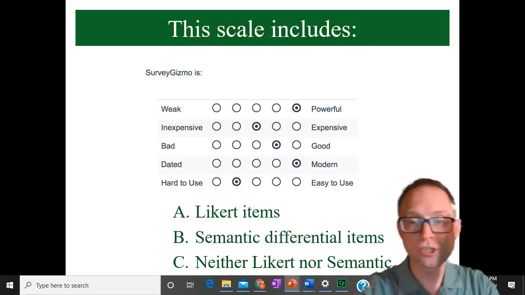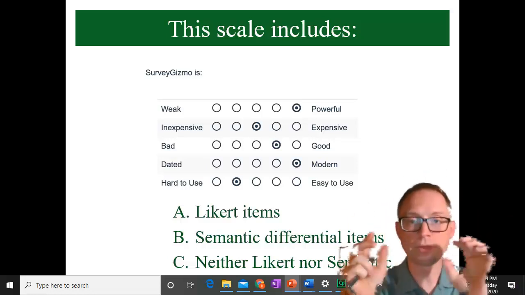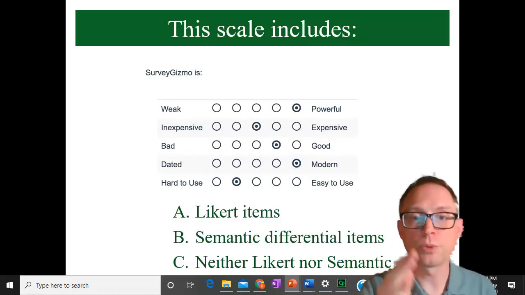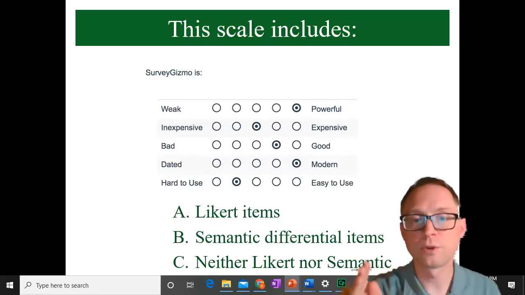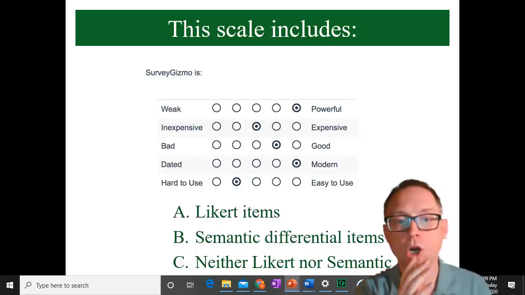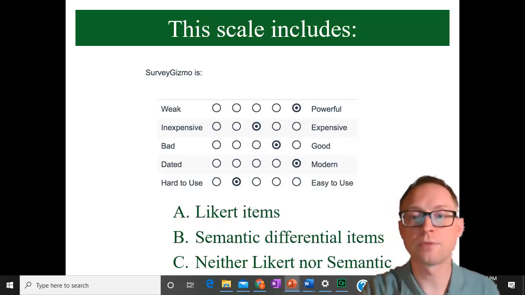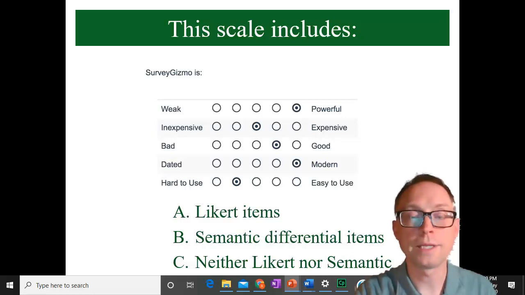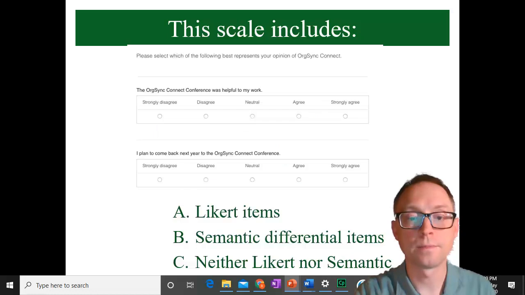Notice the differentiation, the poles. With semantic differentials, you need to choose where they are on the scale between powerful, weak, expensive, inexpensive, good, bad, dated, modern, hard to use, easy to use. That's the semantic differential. Semantic differential is a form of response format or response scale for items in a scale.